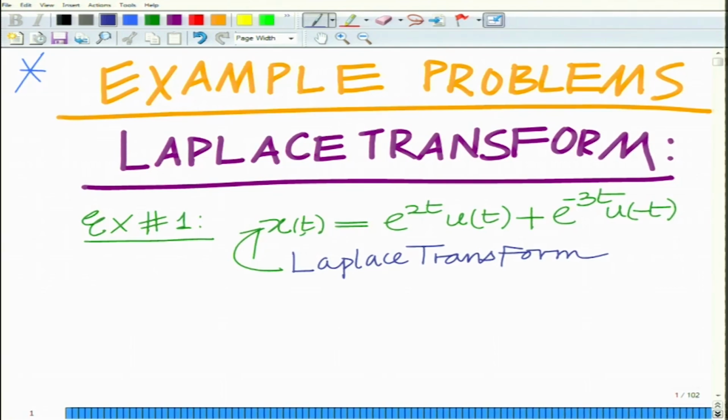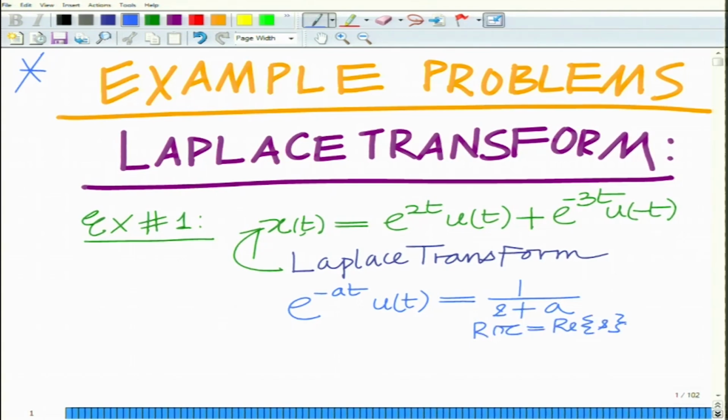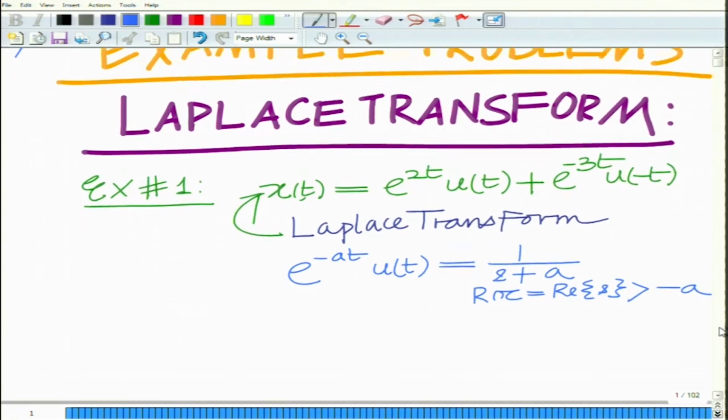Now we will use the following properties. We already know that the Laplace transform of e raised to minus a t u(t) is 1 over s plus a, and the ROC is real part of s greater than minus a.